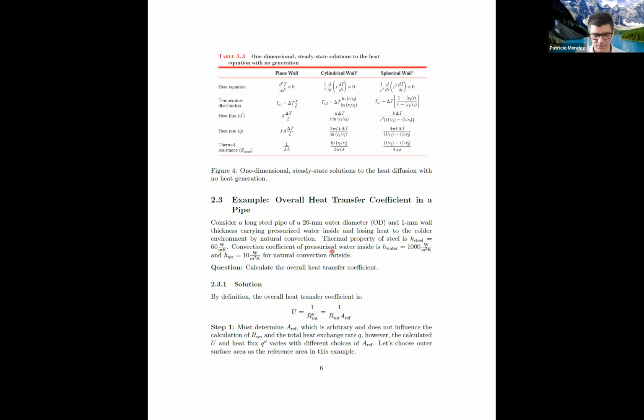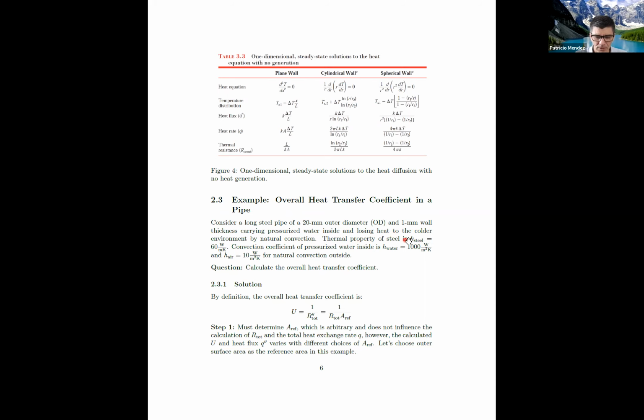So let's talk about an example. Let's talk about the overall heat transfer coefficient in a pipe. We're talking about the soul of a heat exchanger. We're getting deep into what that is. So in this problem, we say, consider a long steel pipe that is 20 millimeters in outer diameter with a 1 millimeter wall thickness, and it has pressurized water inside and is losing heat to a colder environment, for example the shell side of the heat exchanger, by natural convection.